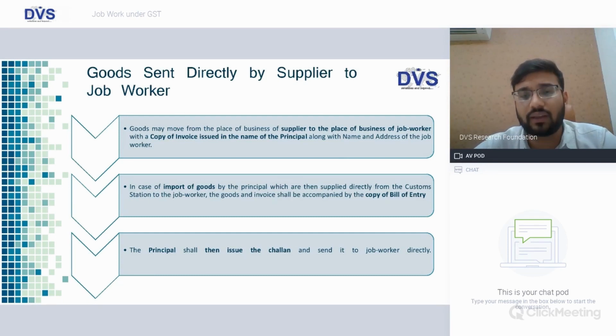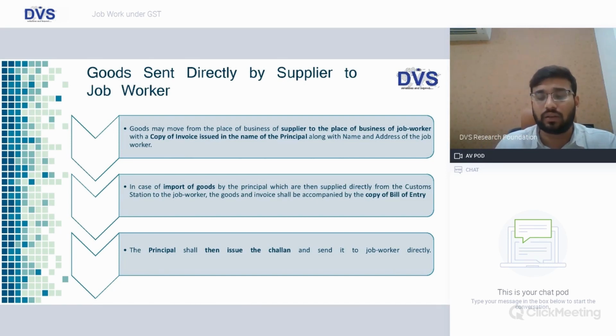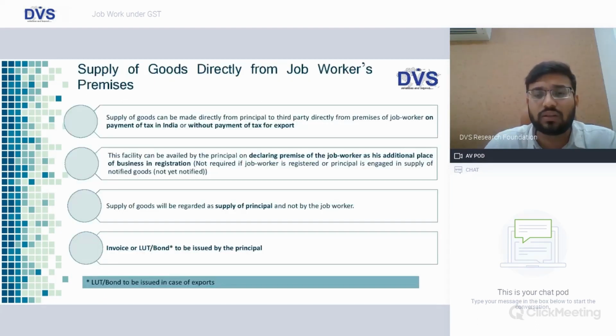So, for example, if the supplier directly sends to the place of business of the job worker, or in case of imports, the customs stations directly send those goods to the job worker, subsequent to the job worker receiving those goods, the principal shall issue the challan. As the goods are not directly coming to the principal and are routed directly to the job worker, in such a scenario, the principal shall then issue the challan and send it to the job worker.